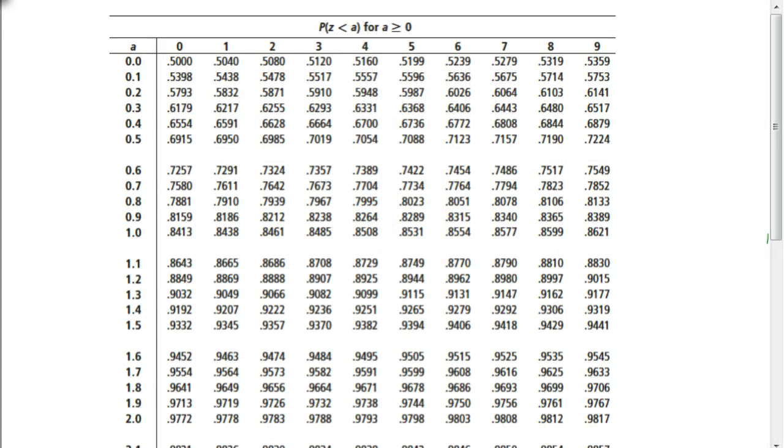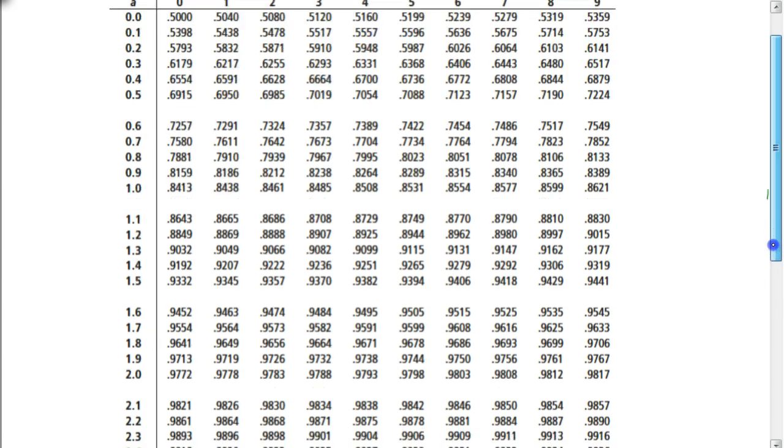To find the probability that it's less than negative 2.5, we're going to use this table. You should already have this printed out. You can access this from my website, or from anywhere on the internet. This is the standard normal distribution table that we've been using in this chapter.